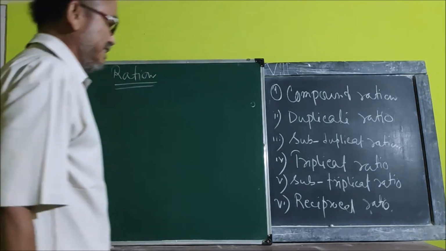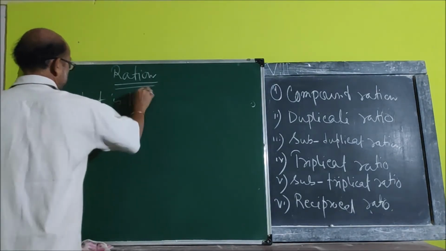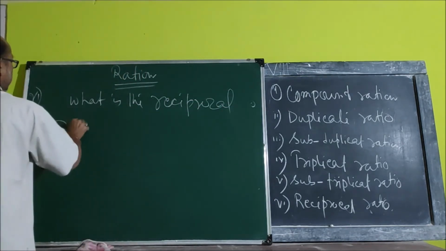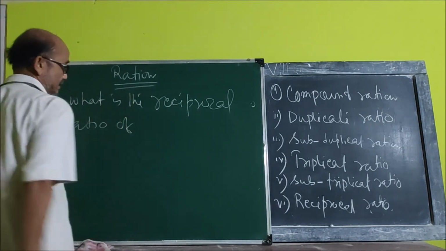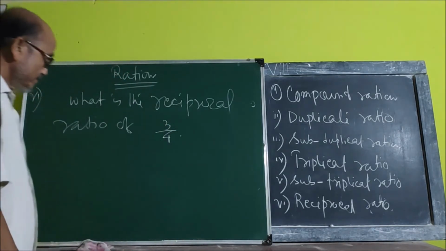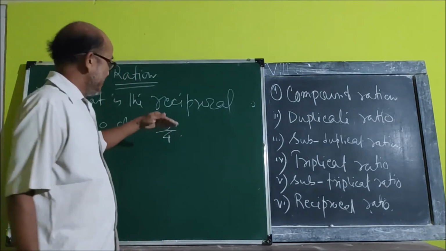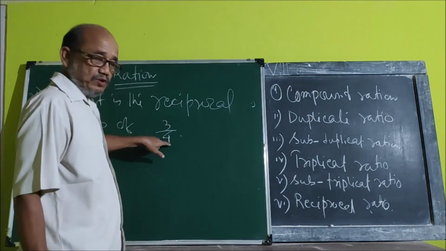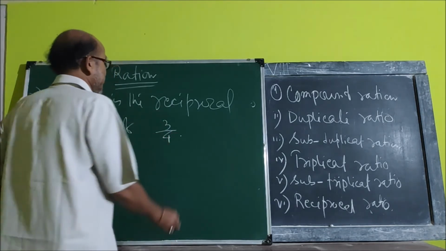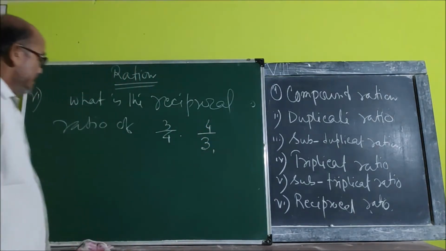Now, last one, reciprocal ratio. What is the reciprocal ratio of 3/5? We just have to know that reciprocal ratio means the inverse: the denominator becomes the numerator and the numerator becomes the denominator. So the answer is 5/3.